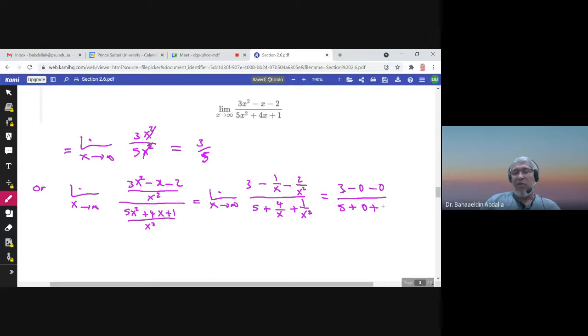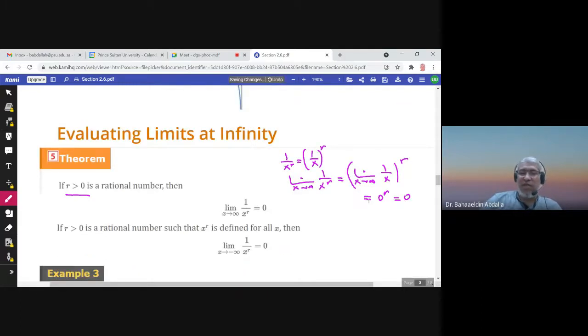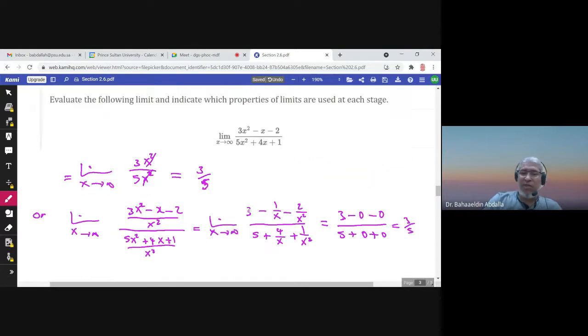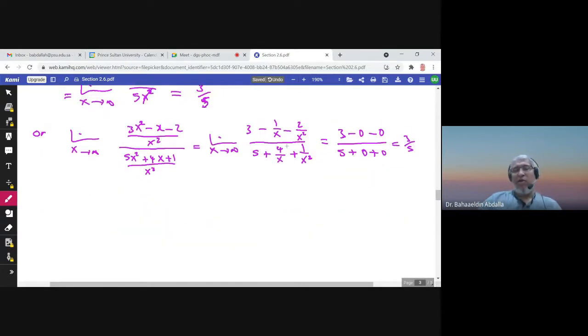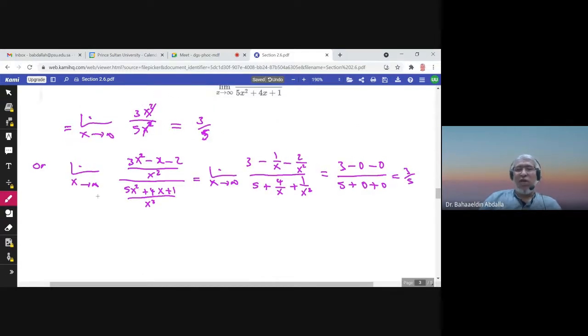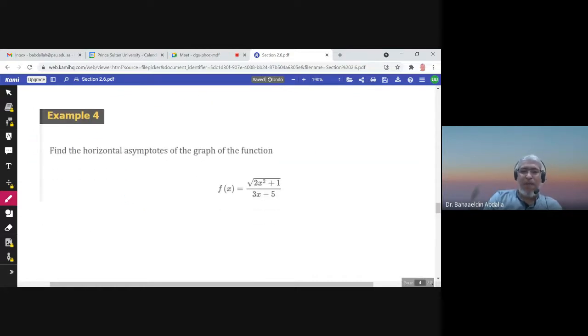The limit of 1 over x squared is 0. So the answer is 3 over 5. So we are using the fact that the limit of 1 over x to the power r when x approaches infinity is 0. 4 over x would be 4 times 0. So the limit would be 3 over 5. So you can use either this method or this method to find the limit.